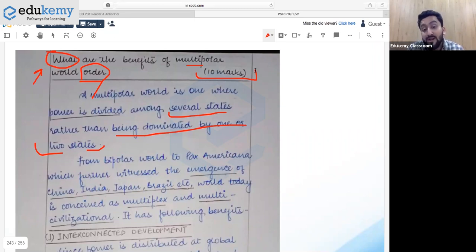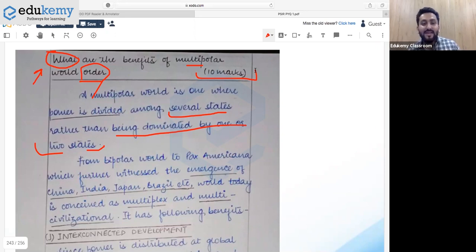How? If it is asked in 15 marks, then you are going to give more words to explain the idea of multipolar world order, and you are going to focus on this word order. Okay, because there are some scholars who say that whenever we use the word bipolar world order, there was no order.